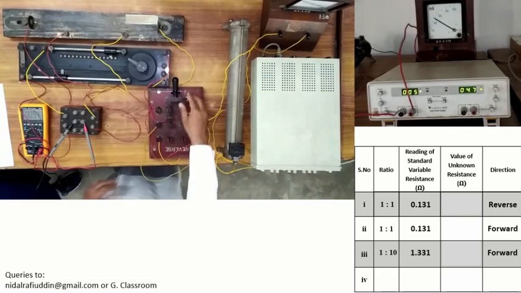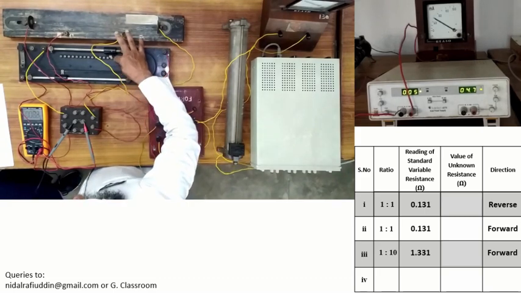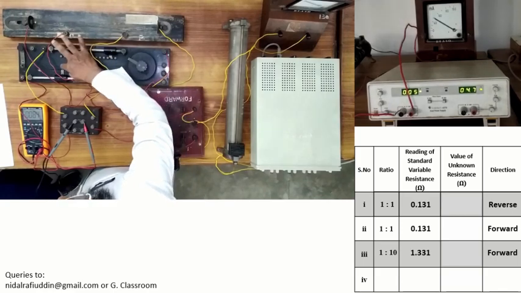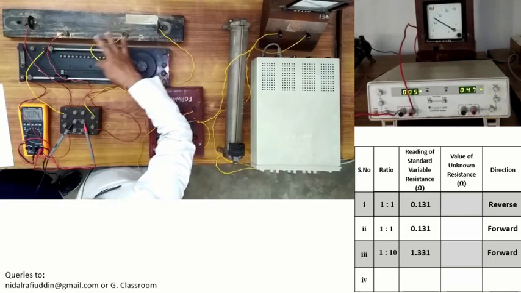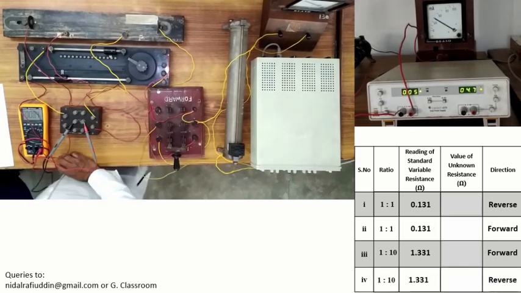Thus for forward we obtain the value of standard resistance as 1.331, and that becomes the value of the unknown as well. Now again in the reverse direction we obtain the same value, 1.331 ohms, which becomes the resistance of the unknown.